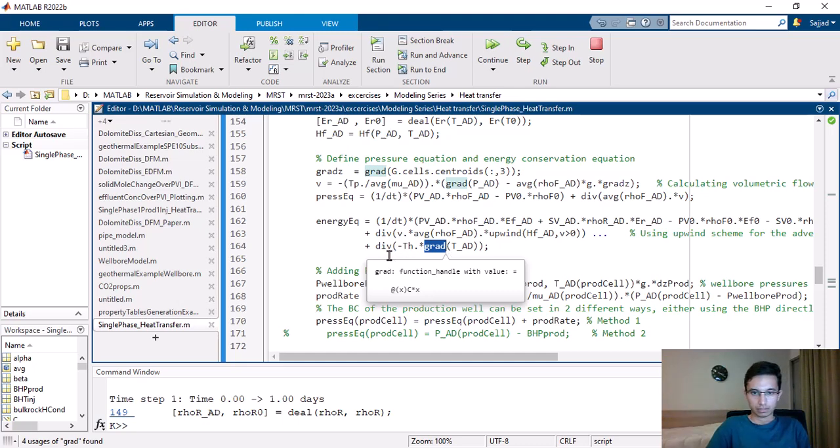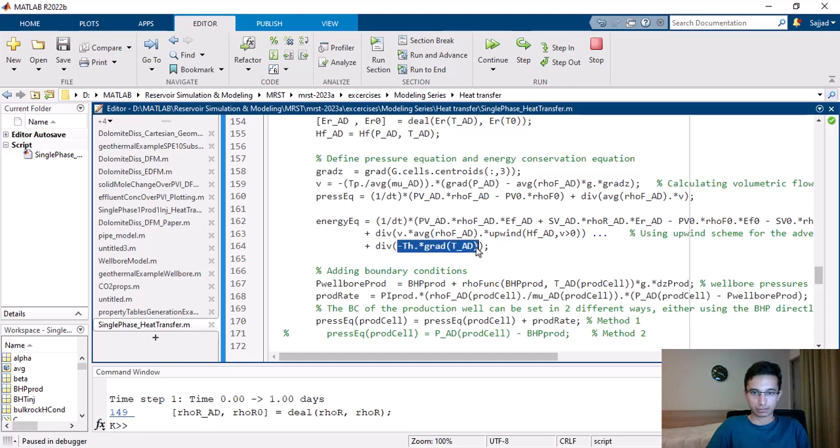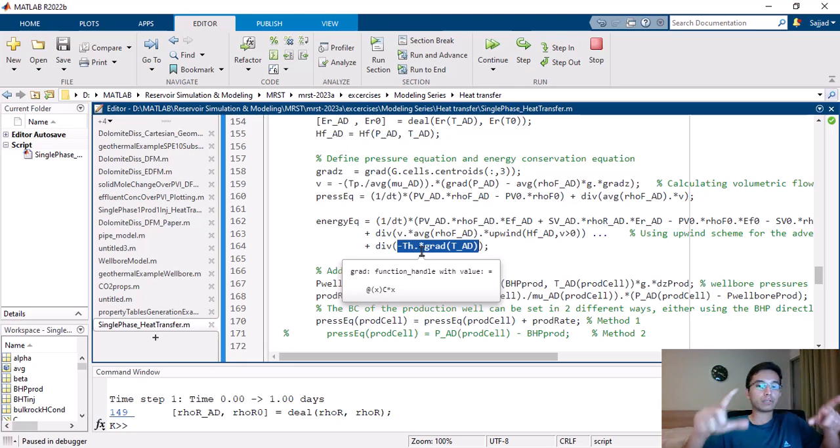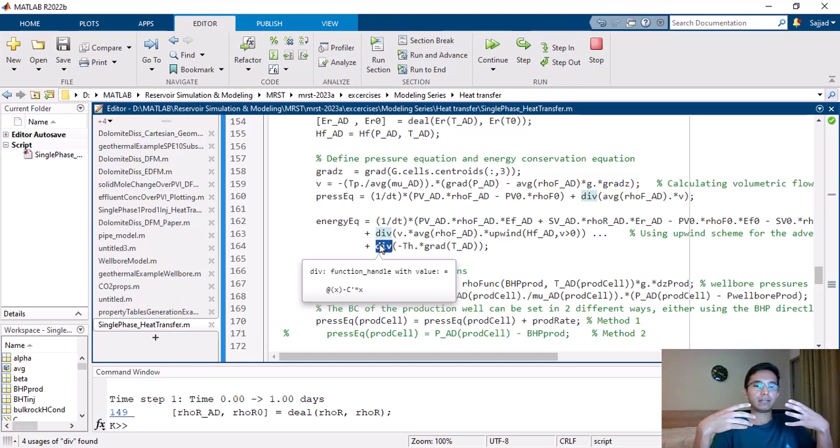All right. So in this way, the heat rate due to conduction is calculated at all the faces of the grid cell, and this divergence operator calculates the net heat inflow or outflow for that grid cell.